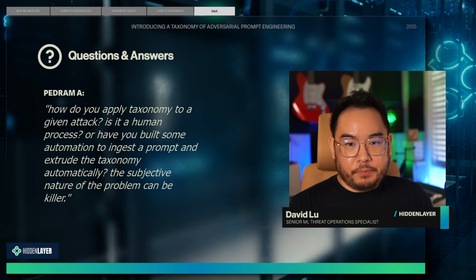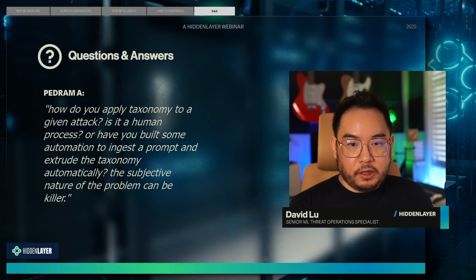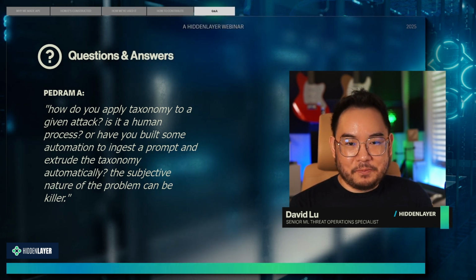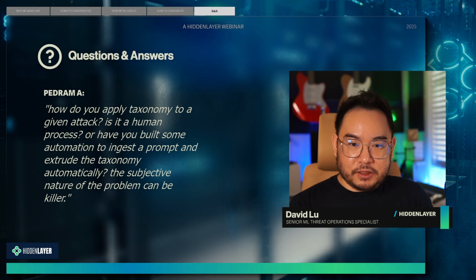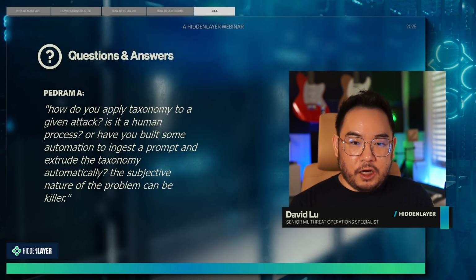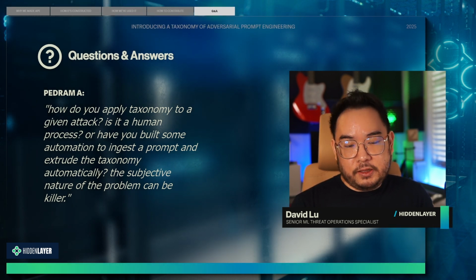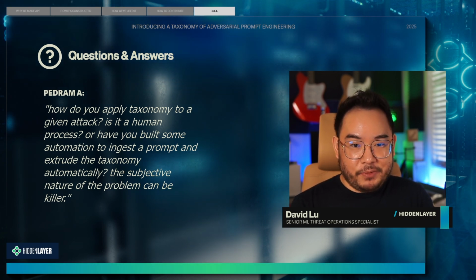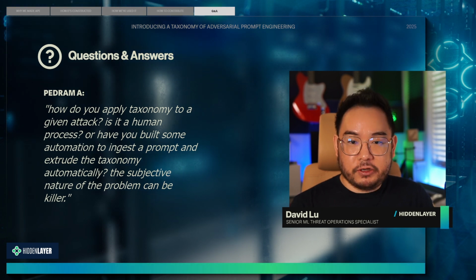But we are looking at building some hand-curated data sets so that we could train a model, things like that. But to talk about that subjective nature of the problem, we're talking about prompts, and in this particular case, textual prompts, right? Mostly in a natural language. Natural languages have ambiguity and vagueness inherent in them.